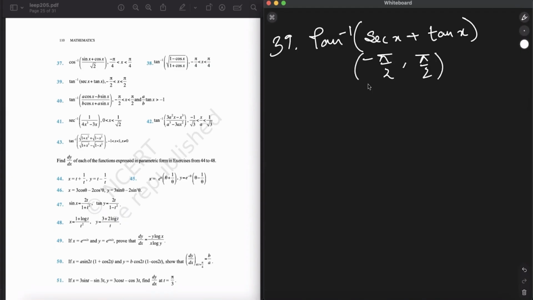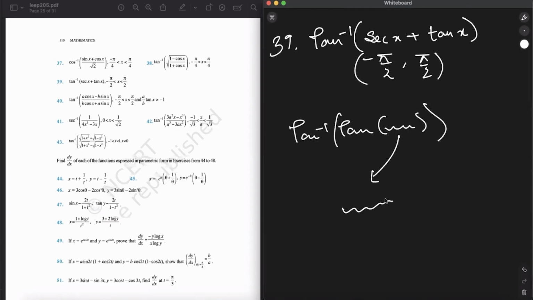I told you in the previous class that whenever you see such a type of question, there must be some form like this, something will come out, and then we have to differentiate it. But when does it happen? Can you recall the concept that whatever is inside must come in this region, only then can you do this.